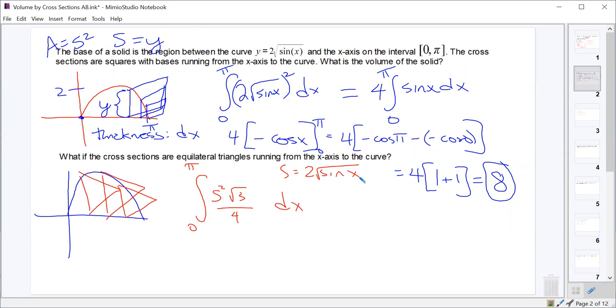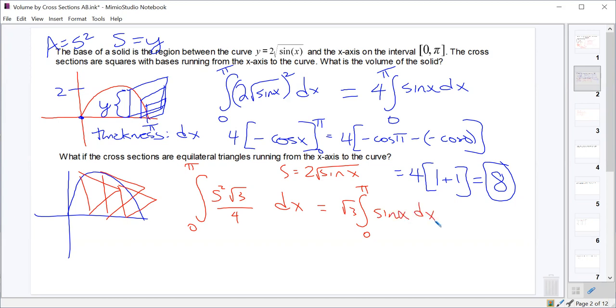All right. So let's do this. We've got an integral from 0 to pi. I'm going to pull my constants out, and as I square s, I'm going to get a 4. That 4 will cancel with the 4 in the denominator, and I can pull the root 3 out. We're going to get root 3, and we're just going to get sine x. And we already did the integral of sine x. We know what that is.